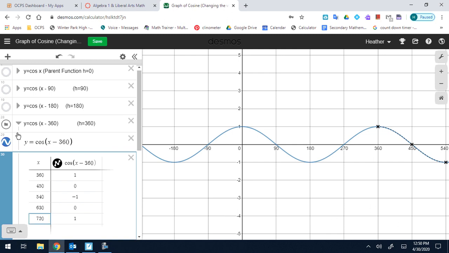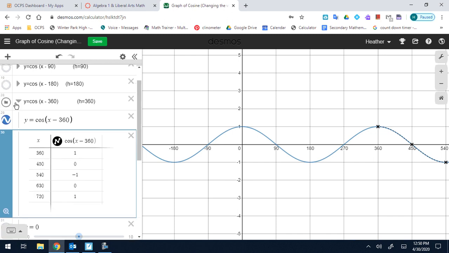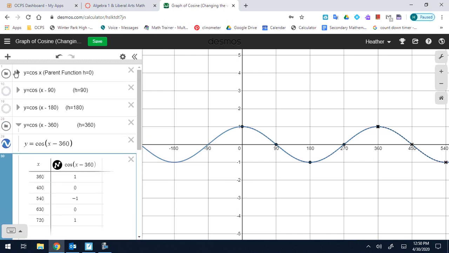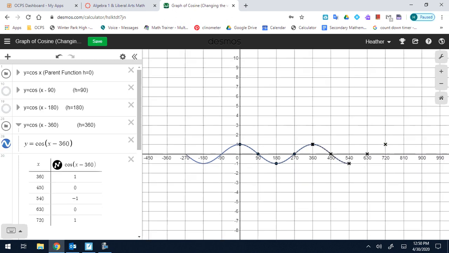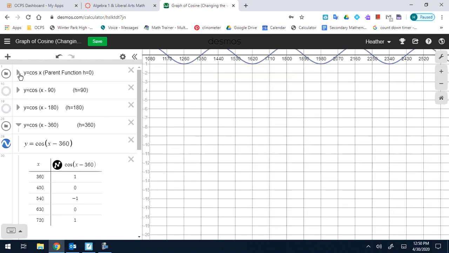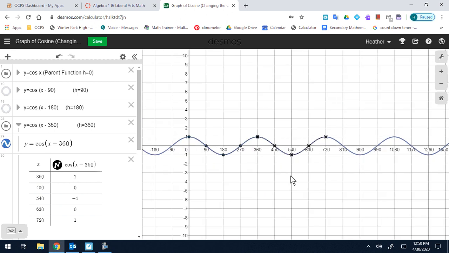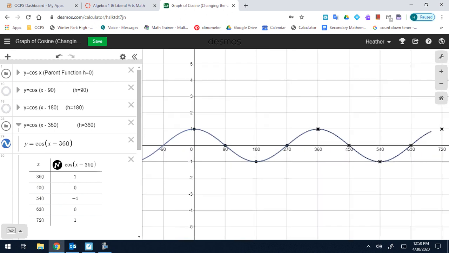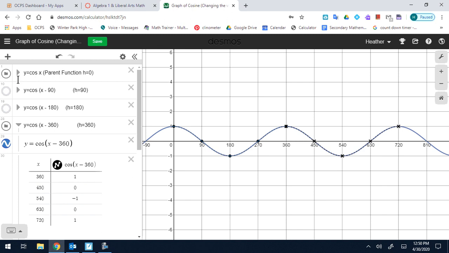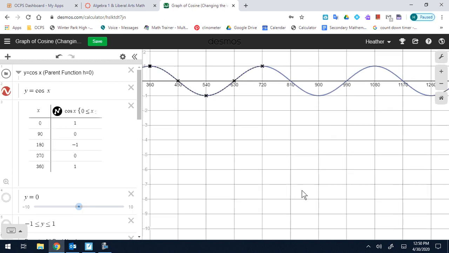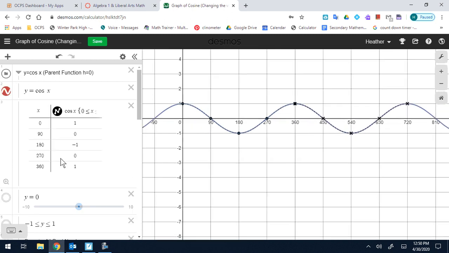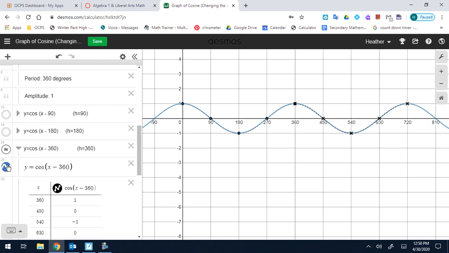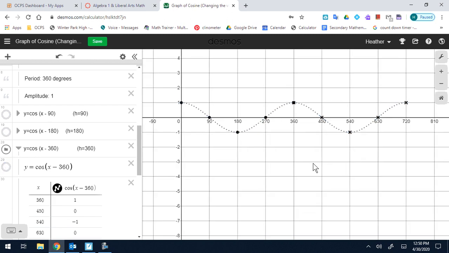All right, so let's compare again. Let's come up here. And notice that, first of all, they're overlapping. You see that? They're overlapping. Because when I moved to the right 360 degrees, I moved the whole graph over.